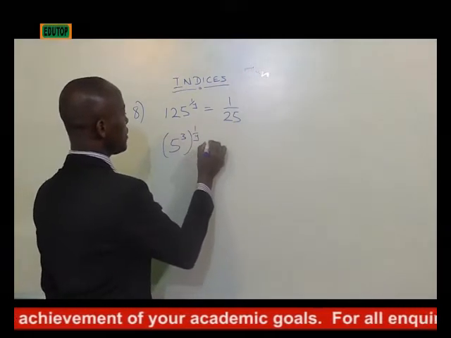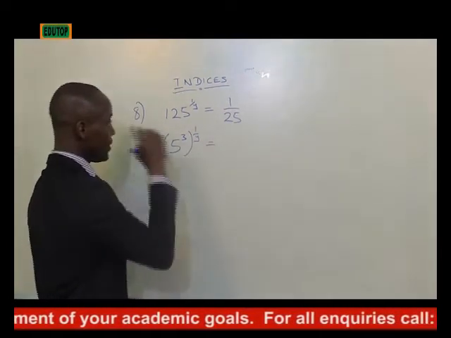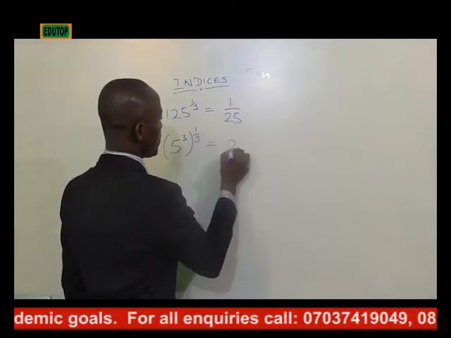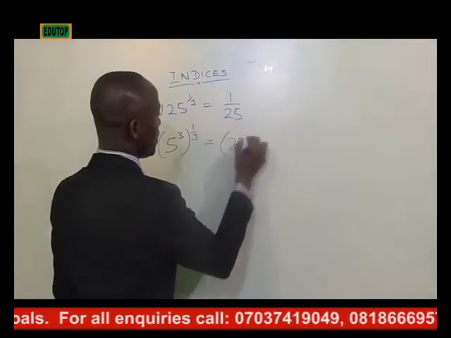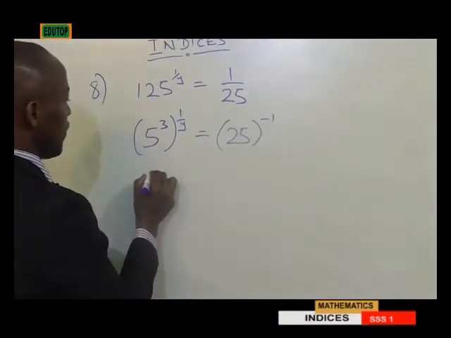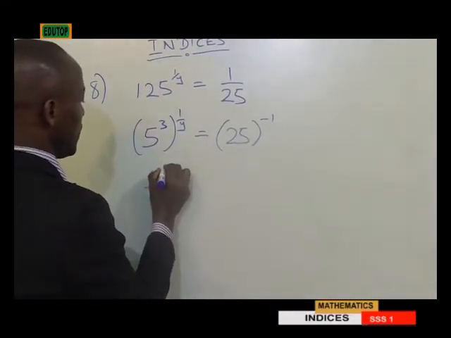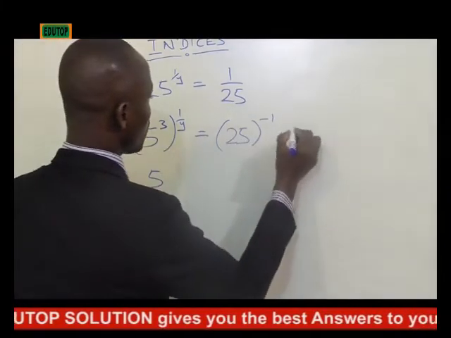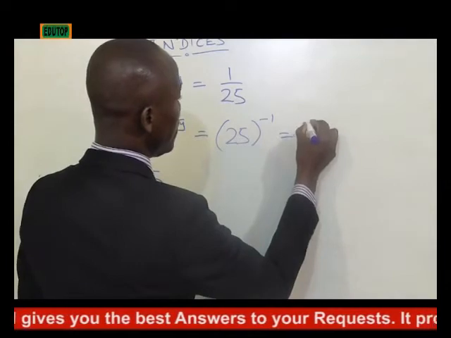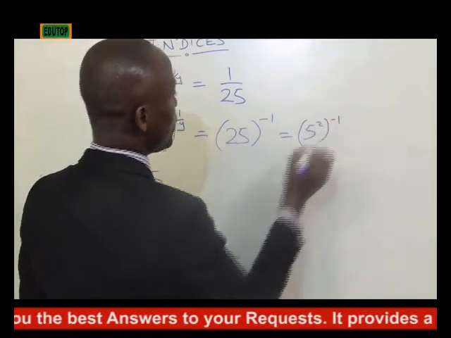Then we have something like this is equal to, this our 25 is still the same thing as 25 raised to the power minus 1. So we're having 5 raised to the power, which is also equal to 5 squared times minus.